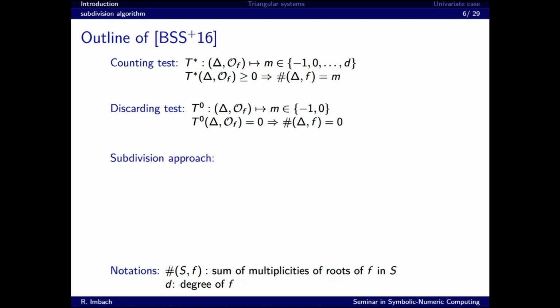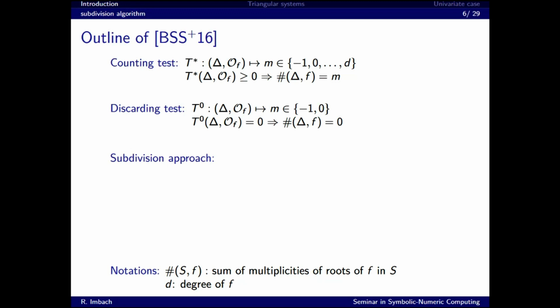For a given complex disk and an oracle for a polynomial, it will return an integer that is either positive, in which case it means that f has exactly this number of roots in delta, or -1 when the test fails, because this test can fail. Then we have a discarding test, T0, for a complex disk that can return either 0, and it means that the polynomial has no root in the disk delta, or -1 because the test can also fail.